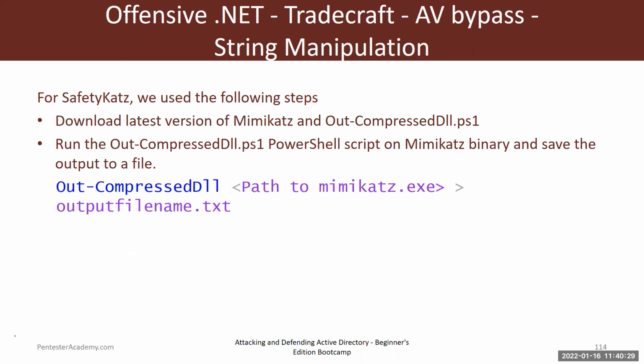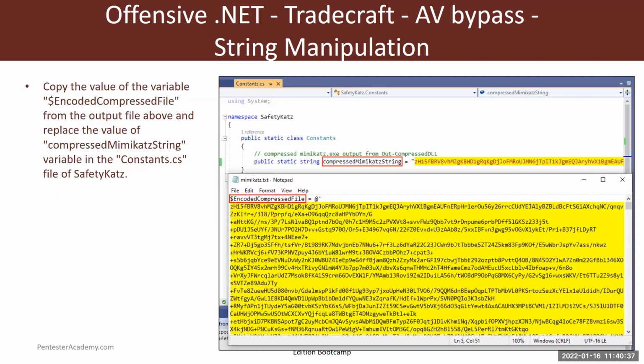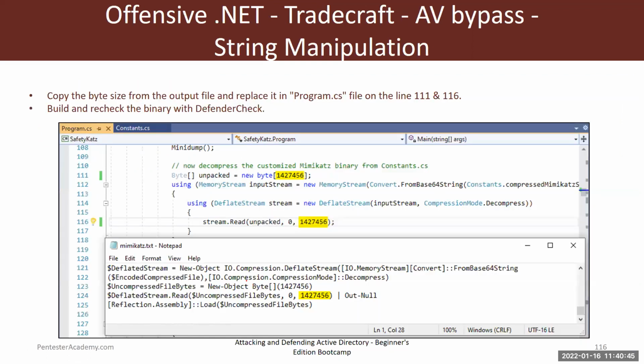You can find the links in the slide notes. And then we used that compressed binary in the Constants.cs file of SafetyKatz, then changed the byte size on the following lines because it is a different size now, and rebuilt it.